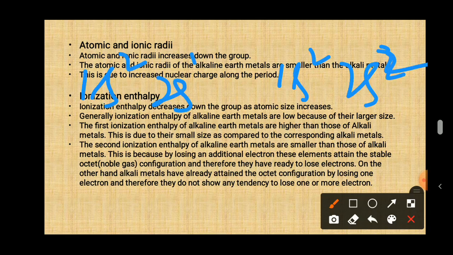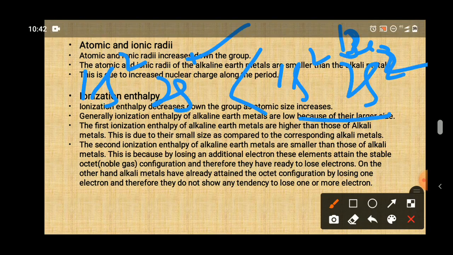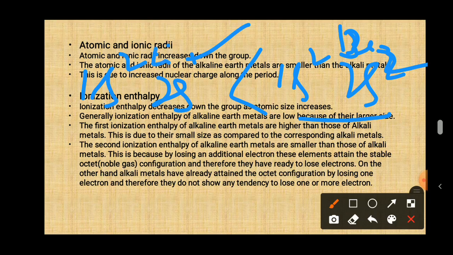Now the first electron is easily removed in lithium. That's why the first ionization enthalpy of the alkaline earth metal is greater. Once I remove the electron from the 2s orbital of lithium, only 1s2 is present. In beryllium, 1s2 2s1 is present.